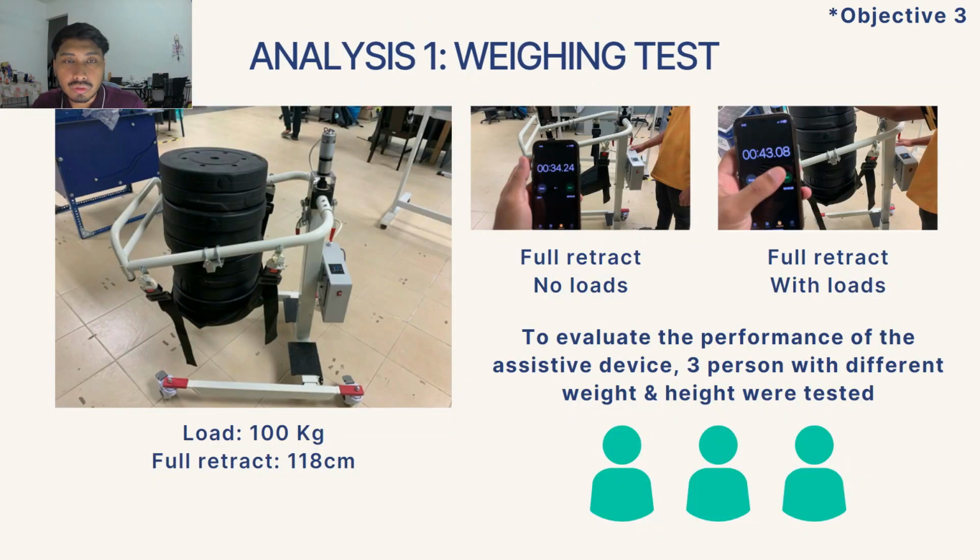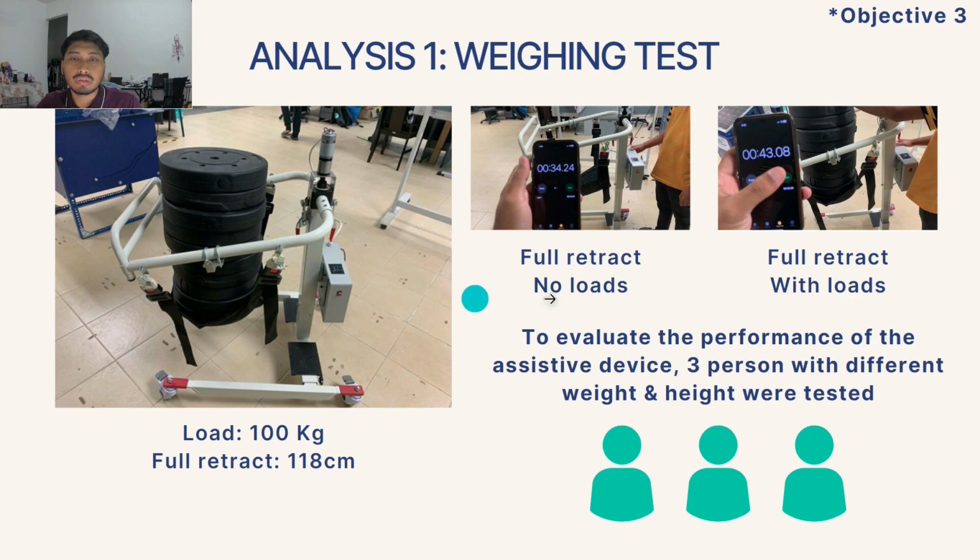And then we go to the next analysis, which is the weighing test. The reason that we conduct this test is to accomplish our third objective, which is to evaluate the performance of this assistive device and align with our scope of work, with not more than 100 kilo loads being tested.